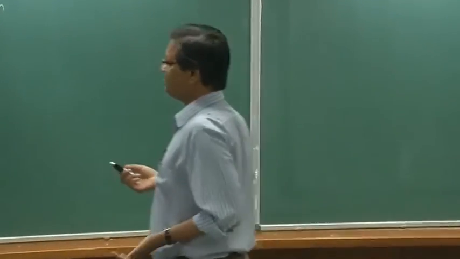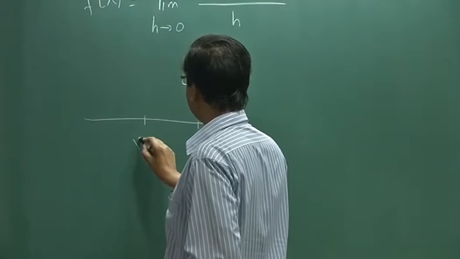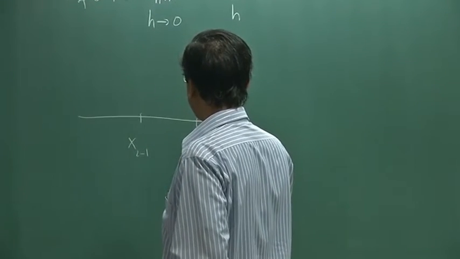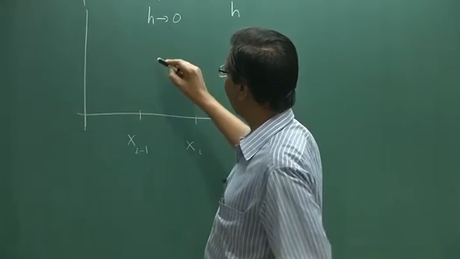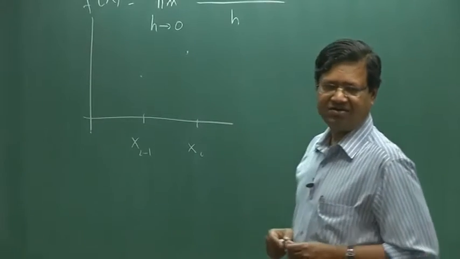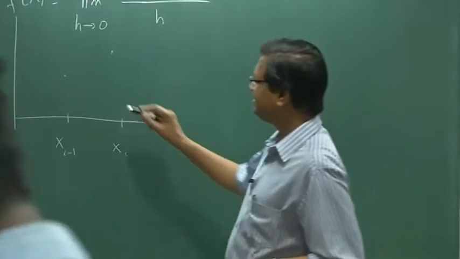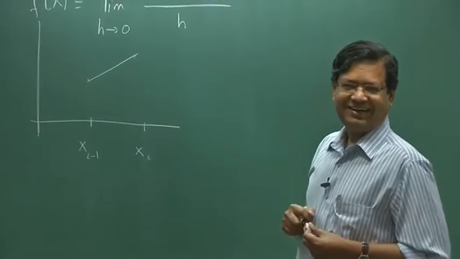So the simple idea is I have 2 points, discretized. Let us call them x i minus 1 and x i, and the y axis is the function here and here. Suppose the function is linear, then it is straightforward. If it is linear, this idea will work even if h is finite.